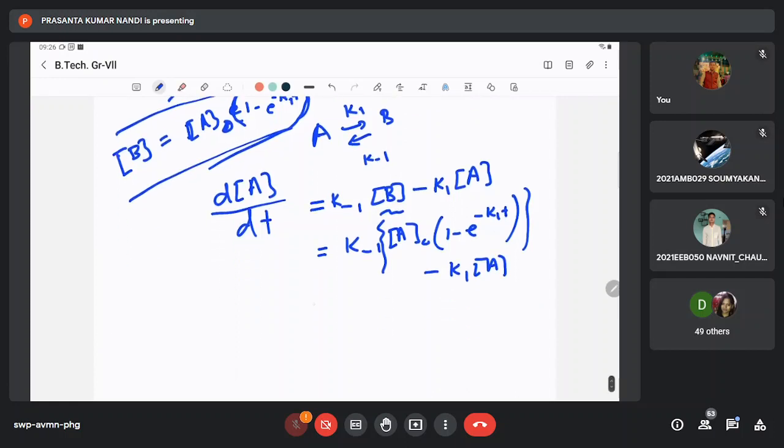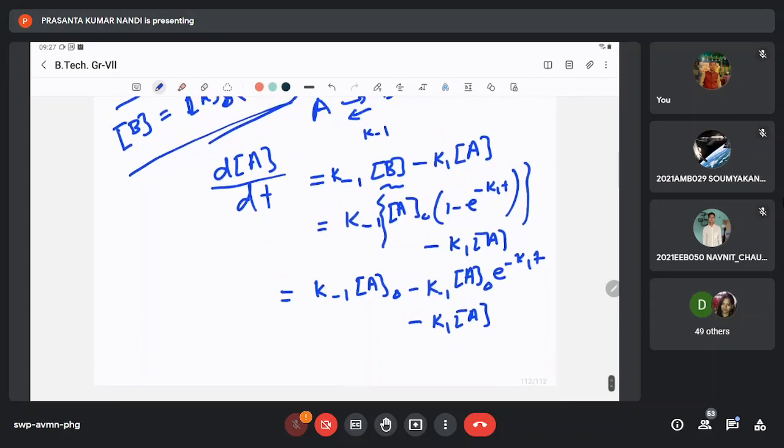So this we can write k minus 1 A zero, just split it, minus k minus 1 A zero into e to the power minus k1t, and minus k1a.